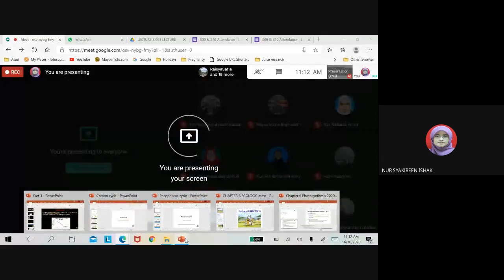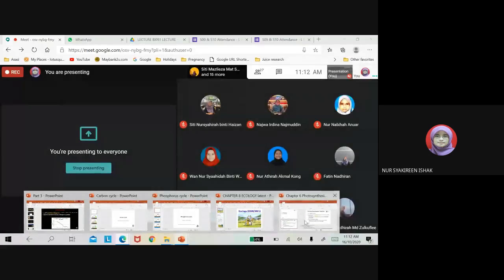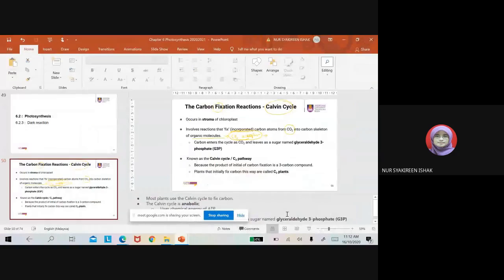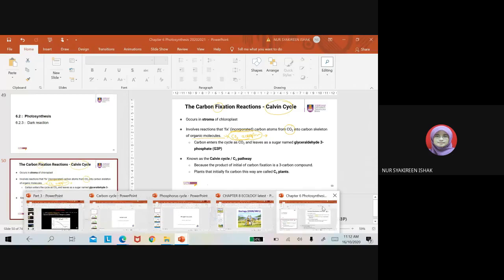Saya explain tak kenapa Calvin cycle dinamakan sebagai dark reaction? Tak sempat madam. Okay. Kita start dari semula ya untuk dark reaction.